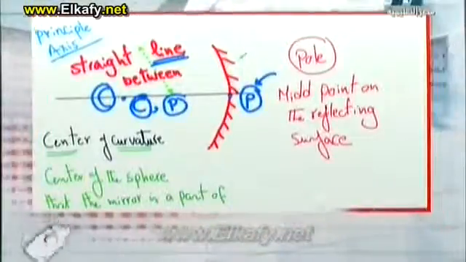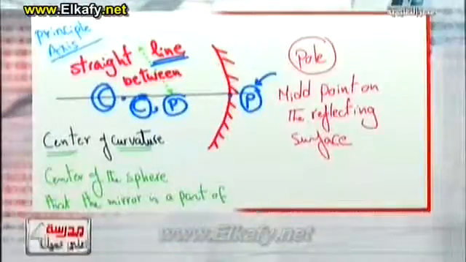Principal axis, we have how many? We have only one. But if we draw a concave mirror like that, and a straight line like that, we know this straight line is called the principal axis: a straight line between the pole of the mirror and the center of curvature.